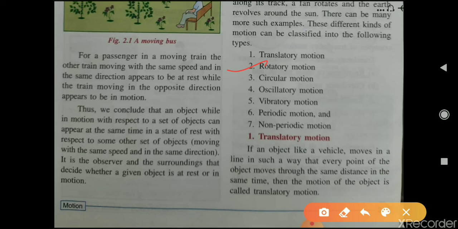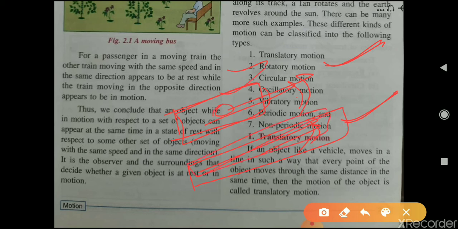Means for a passenger who is sitting inside a moving train, if another train passes near this train in the same direction and with the same speed, then to this passenger the other train will appear to be at rest. While if the train is moving in the opposite direction, means if this train is moving in this direction and the second train is moving in the opposite direction, then to this passenger the other train will appear to be in motion.